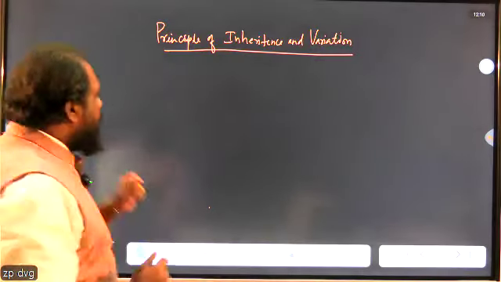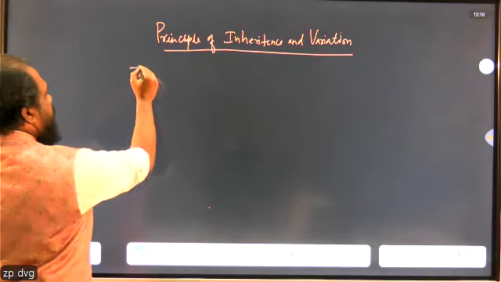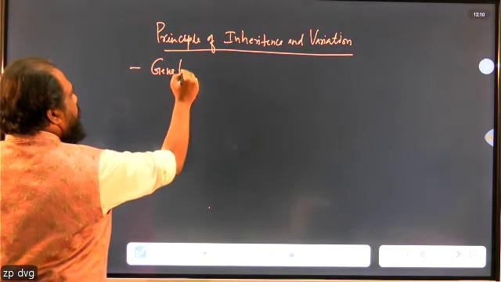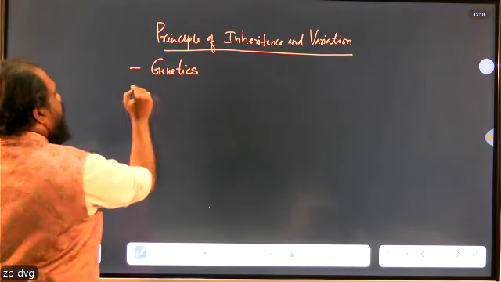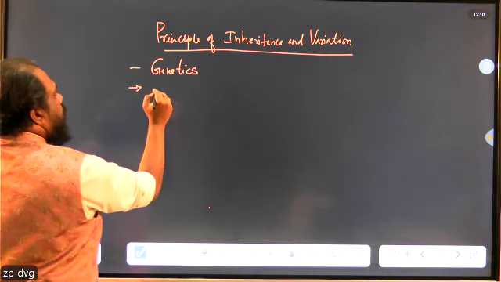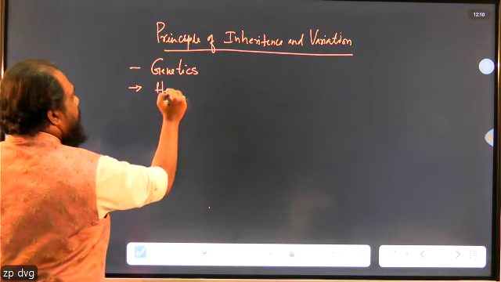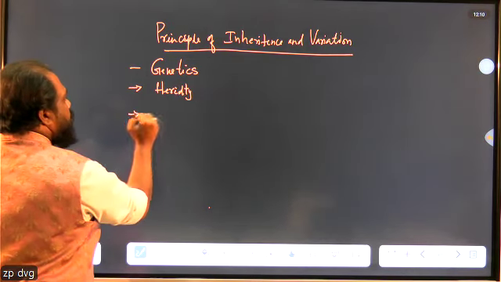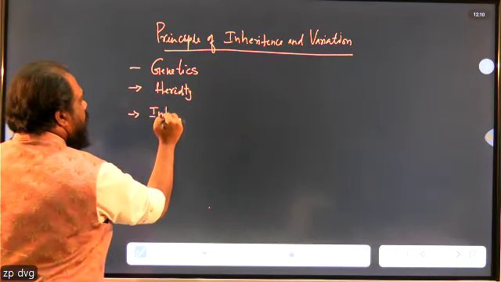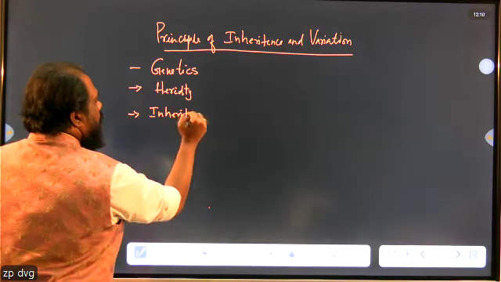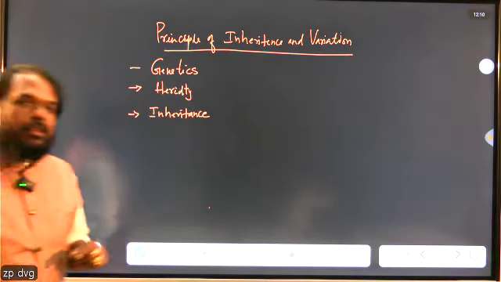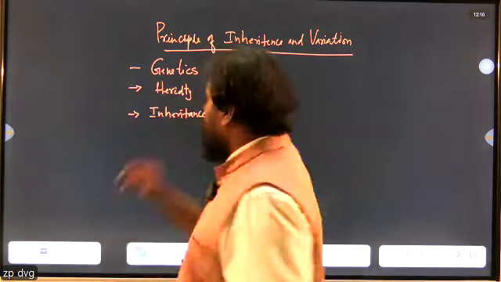Okay. The first term you have to understand here is you should know what is genetics. Second, you should know what is heredity. Next, you should know what is inheritance. Okay. First, we will discuss the meaning of these three particular terms.